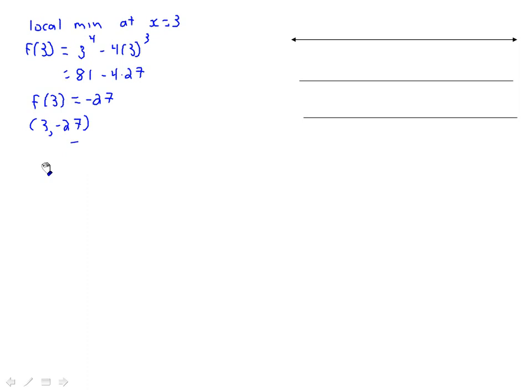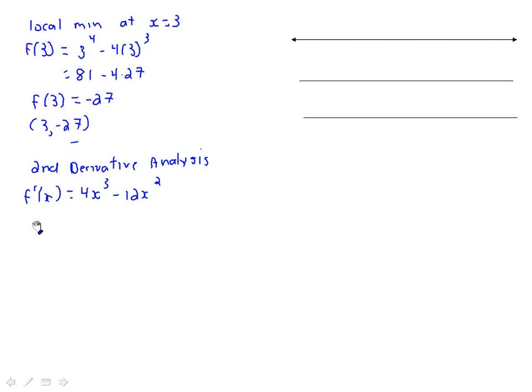Now, the second derivative analysis, points of inflection. So we take that first derivative, which I'll rewrite so I have it in front of me, f prime at x is equal to 4x to the 3 minus 12x squared.